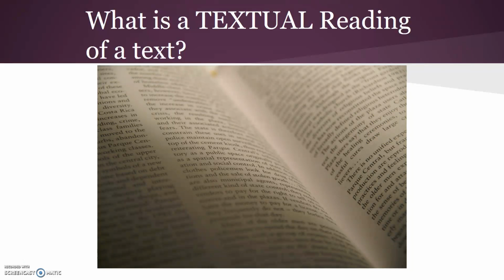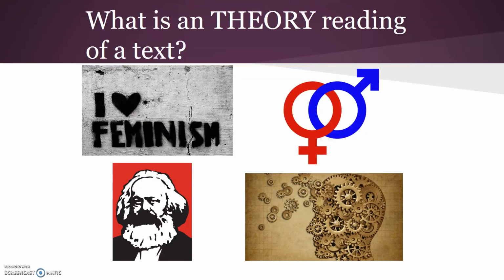And the last reading that we will be focusing on in this course is a theory reading of a text. Later on in the course, we'll be understanding and studying different forms of critical theory, looking at feminism or gender theory, even Marxism and psychoanalysis.